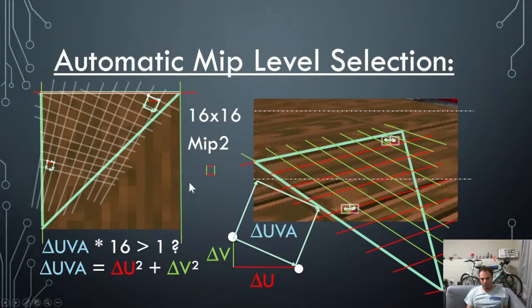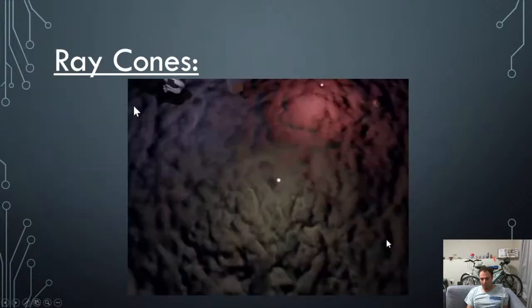And for this one, maybe we stop at MIP level 2, because here it's still bigger than a pixel. If our backwards projected pixel is here, and this is the texel size, and here maybe it's a little less, we stop here at MIP level 2 for this one. So this is how we end up having this seam somewhere over here, where this one will be MIP level 2 and this one will be MIP level 3.